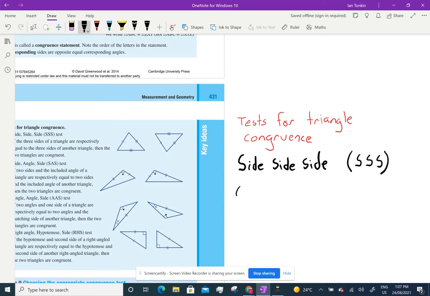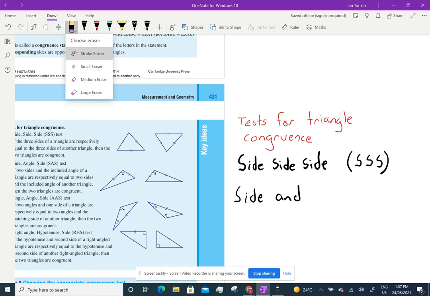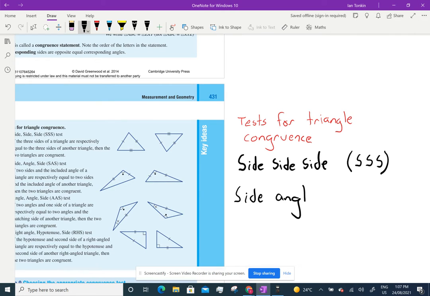The next one is side, angle, side, and we'll write that as SAS. You can use that code.